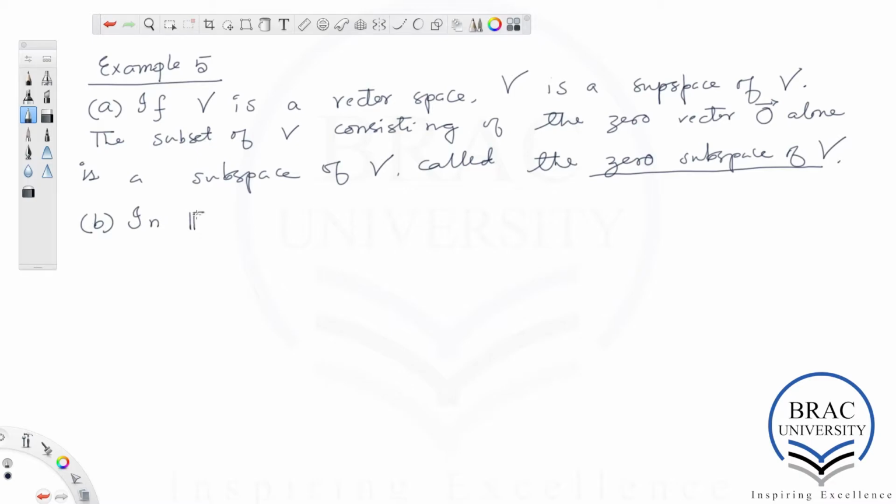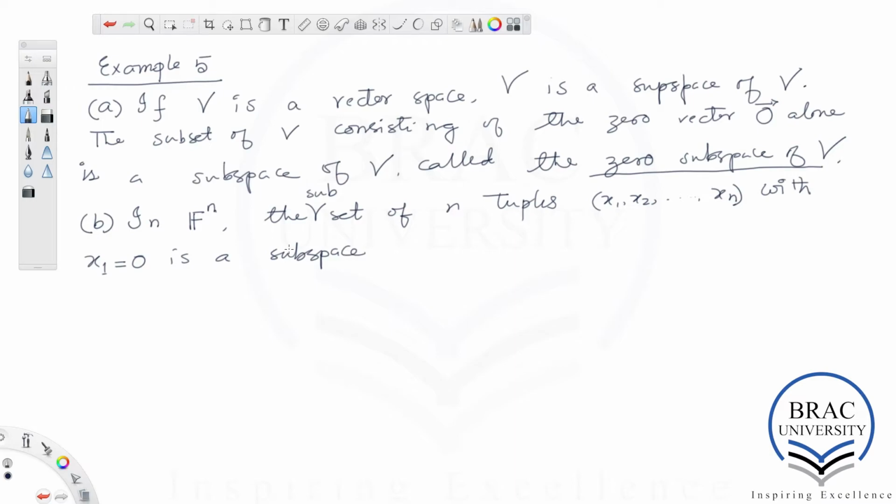In F to the n, remember that given a field F, we can construct the space of all n tuples called F to the n, where each component of the n tuple takes value in the field F, and we have seen that it forms a vector space over the ground field F. So in F to the n, the subset of n tuples x1, x2 all the way up to xn, with x1 equal to 0, is a subspace.